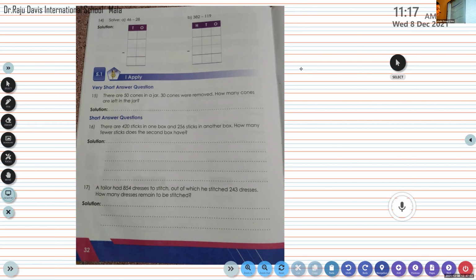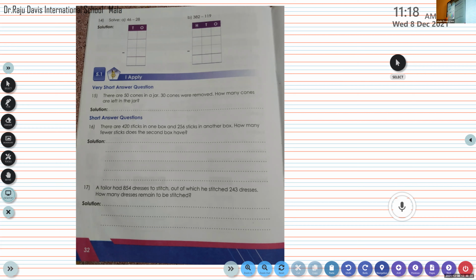So for that, we have to write the steps, isn't it? Yes, Afrin? So how to write the first step? It is telling about sticks, isn't it? So we have to write number of sticks in the first box. Okay. So all of you please start writing.